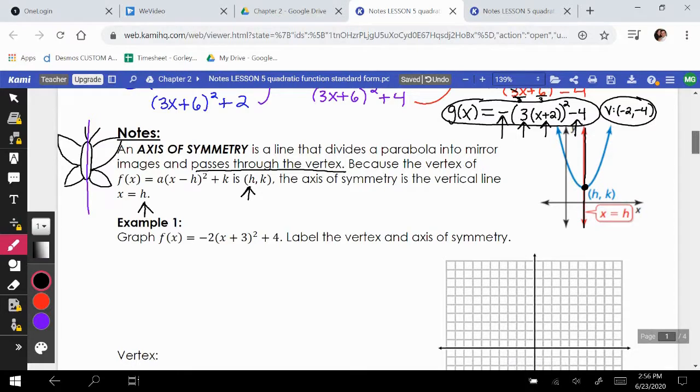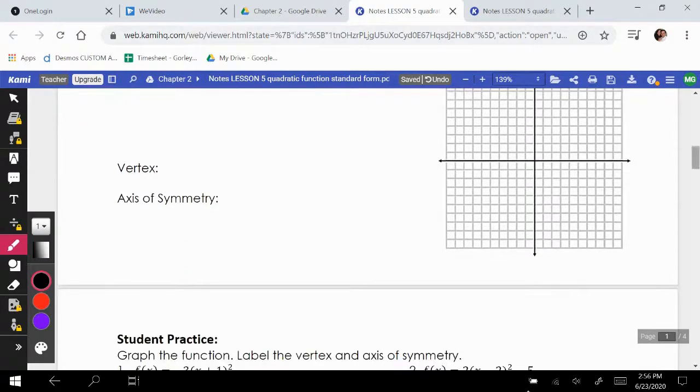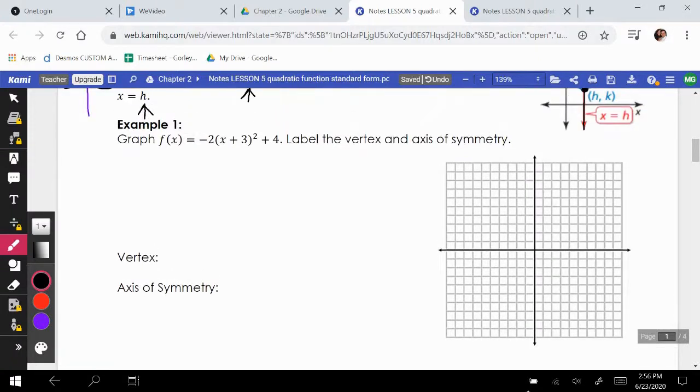All right, so looking at this first example, it says graph -2 times (x plus 3) squared plus 4. We are going to go ahead and first set up our parent chart. So I have parent points -2, 4, -1, 1, 0, 0, 1, 1, and 2, 4. I first see a vertical reflection, so I'm going to multiply all the y values by -1.